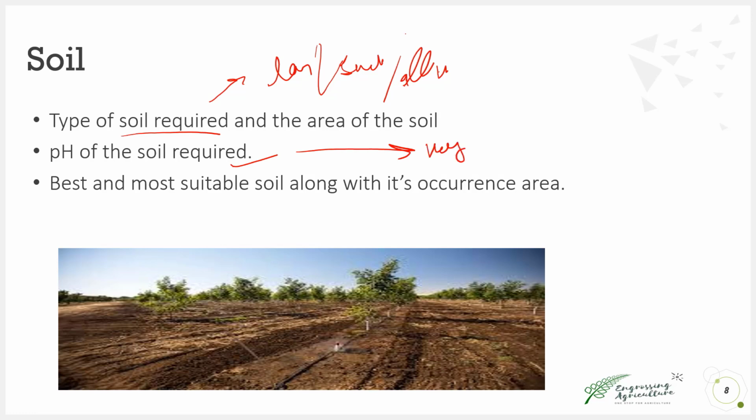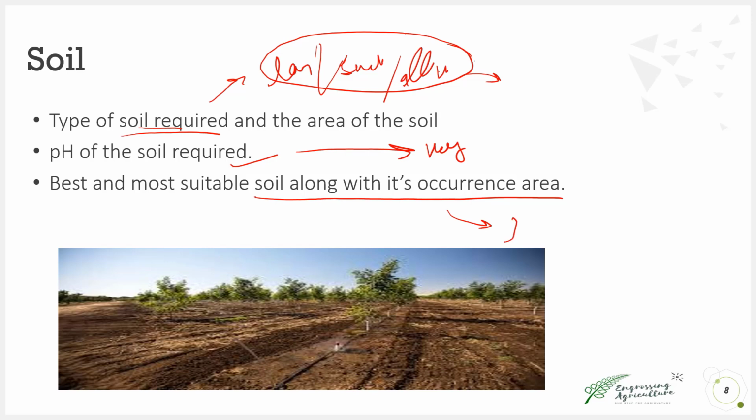We must know whether the plant can tolerate a slightly acidic pH or a slightly alkaline pH. Then the best and most suitable soil along with the occurrence. That means which is the best soil. These were the types of soil required. In all these types of soil, the plant can grow, but if the soil is loamy, that will be best suited for the crop.